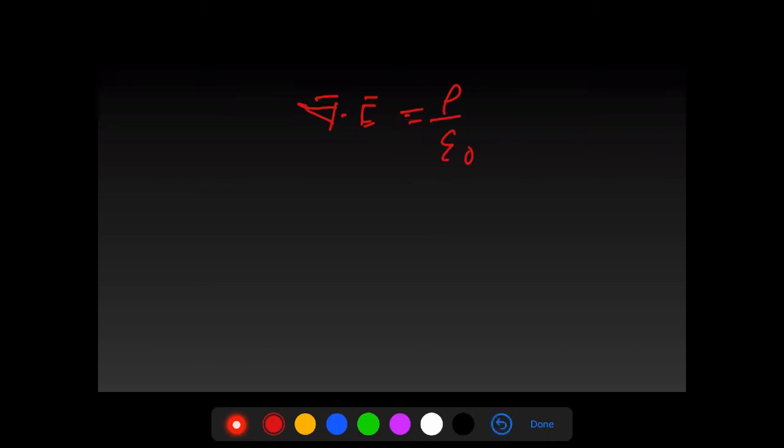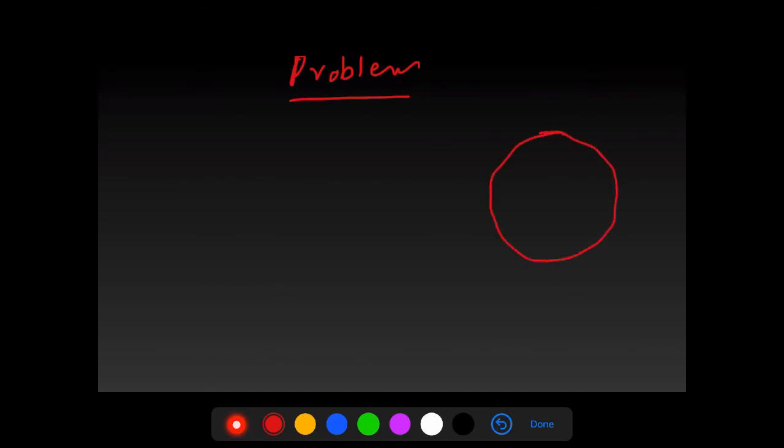Let's see a certain problem. In this problem, there is a Gaussian sphere whose radius is 0.2 meters, and the electric field through the surface E is given as 250.